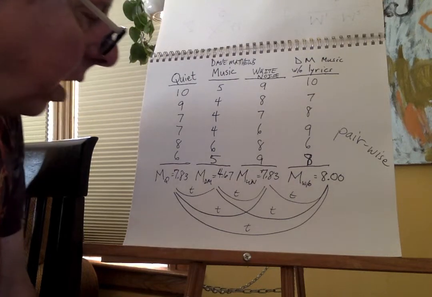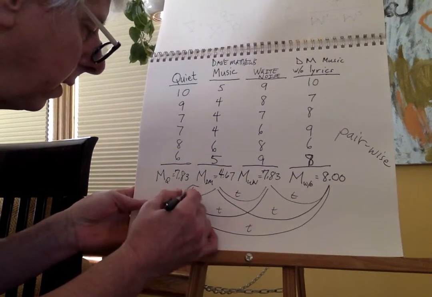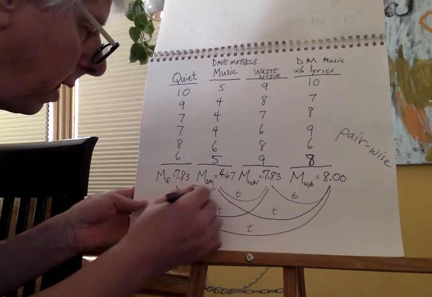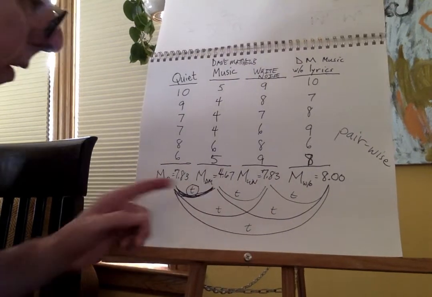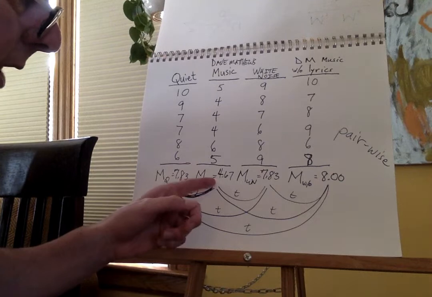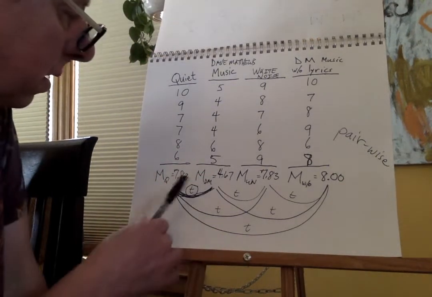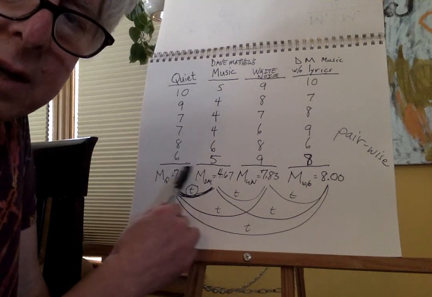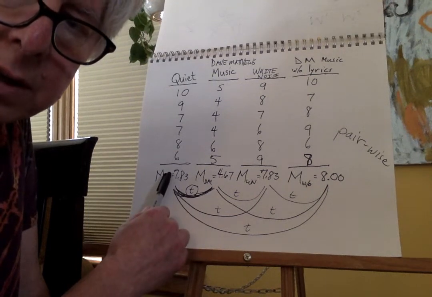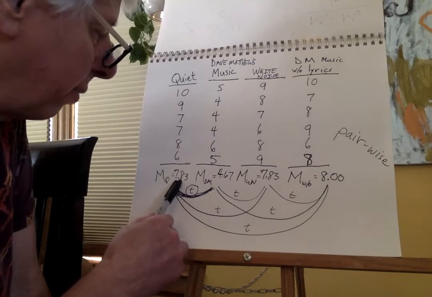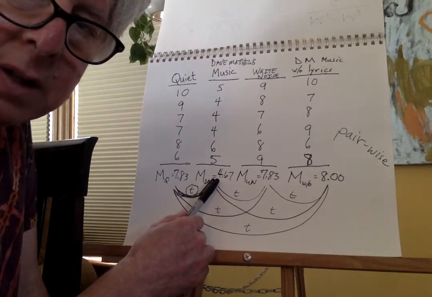Also, let's focus on this one here, this t-test, okay? I'm going to compare those two groups. Now remember, when we do a t-test, the comparison of the means goes on the numerator, right? So I'm going to compare 7.83 to 4.67.